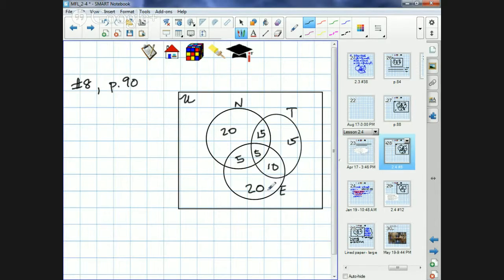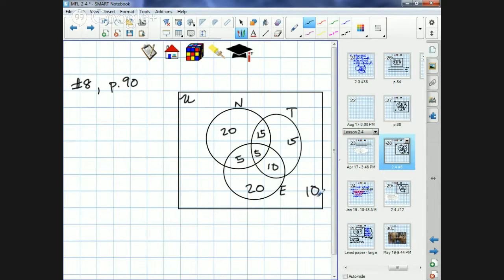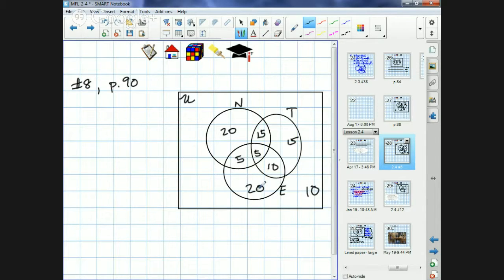That is correct. So B is 10%. And then on the diagram, if you were going to complete the diagram, you would put a 10 somewhere on the outside.